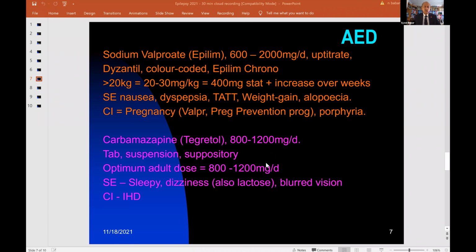Side effects include drowsiness, dizziness, blurred vision, and sometimes it interferes with lactose intolerant people, producing digestive disorders. Its contraindication is ischemic heart disease.